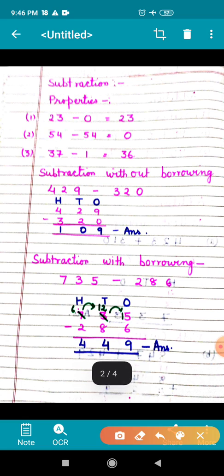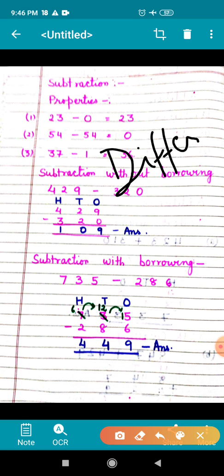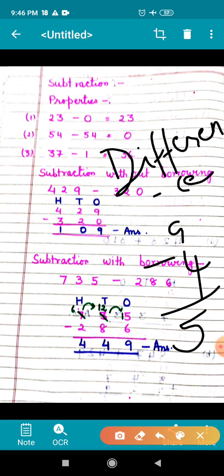Now if I ask, find the difference of 9 and 4, then what will you do? You will subtract 9 minus 4 and it will come 5. So the difference of 9 and 4 will be 5. So the answer of subtraction is known as difference.